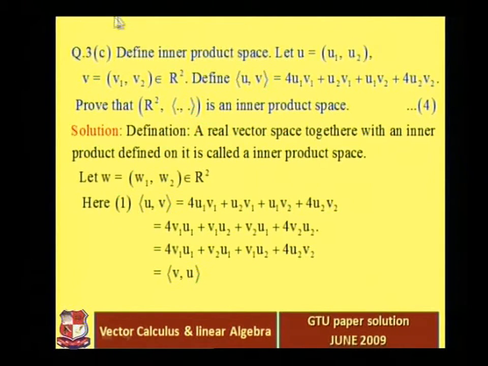So let's check each condition one by one. ⟨u, v⟩ = 4u1v1 + u2v1 + u1v2 + 4u2v2, which equals 4v1u1 + v1u2 + v2u1 + 4v2u2, because of the commutative property of real numbers which we already have. Then 4v1u1 + v2u1 + v1u2 + 4u2v2, and that is equal to ⟨v, u⟩.